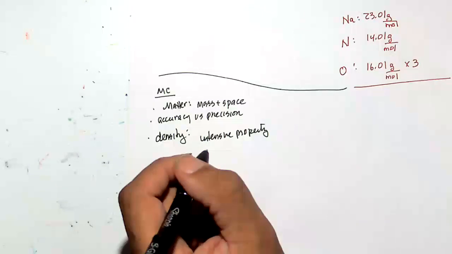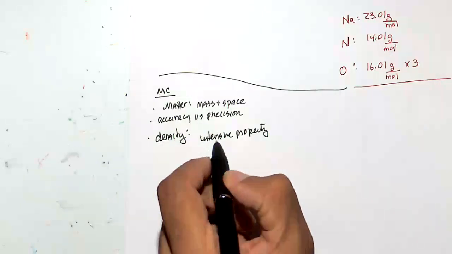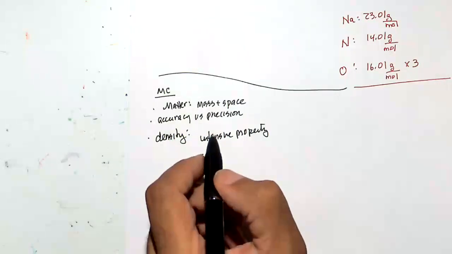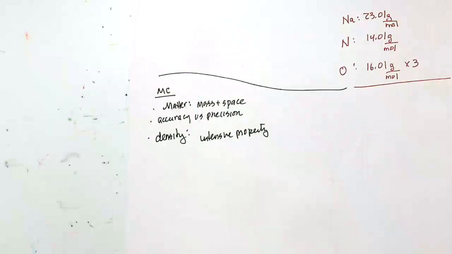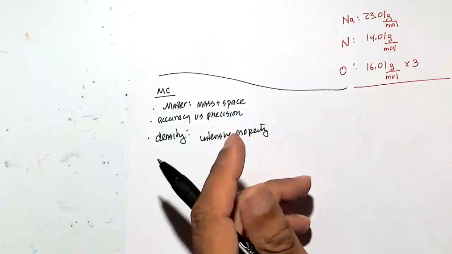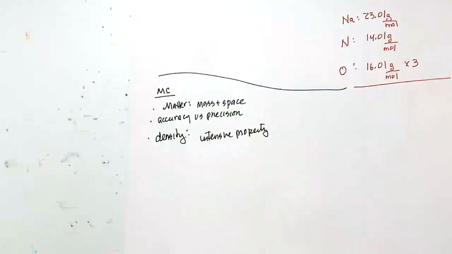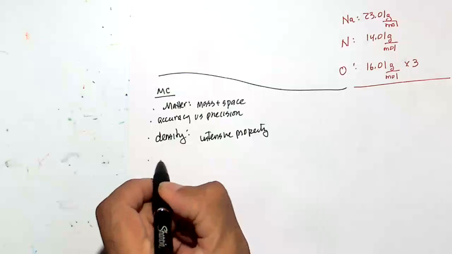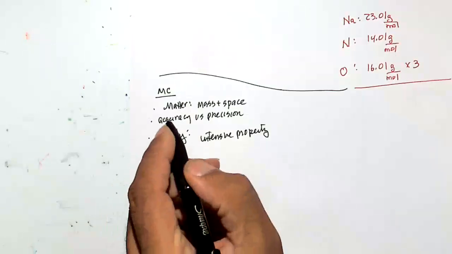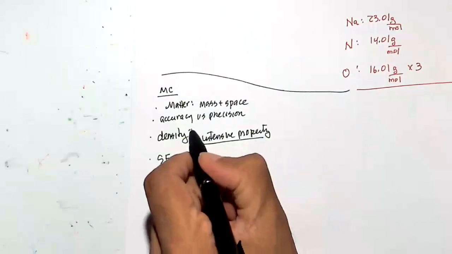So density is a classic example of an intensive property. Whether you have 100 grams of copper or 5 grams of copper, it will have the same density. Density also varies with temperature. If you increase the temperature, you change the density of the material. Lower the temperature, you lower the density of that material. So density is an intensive property.